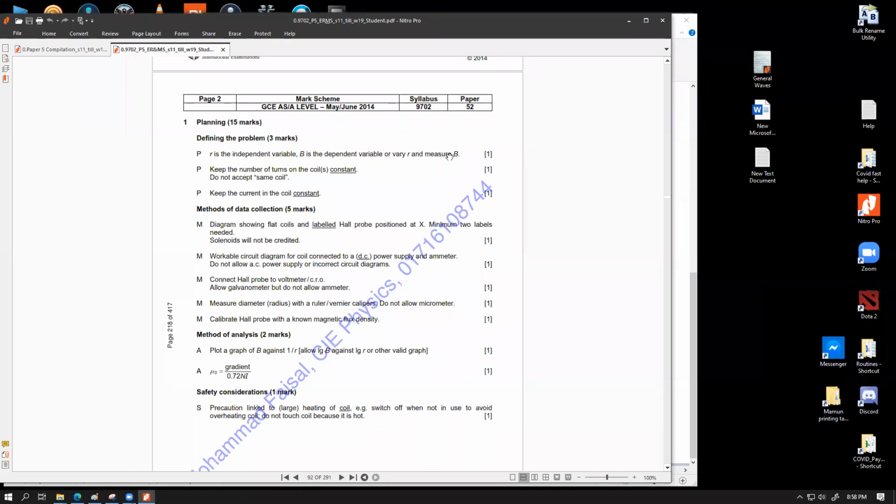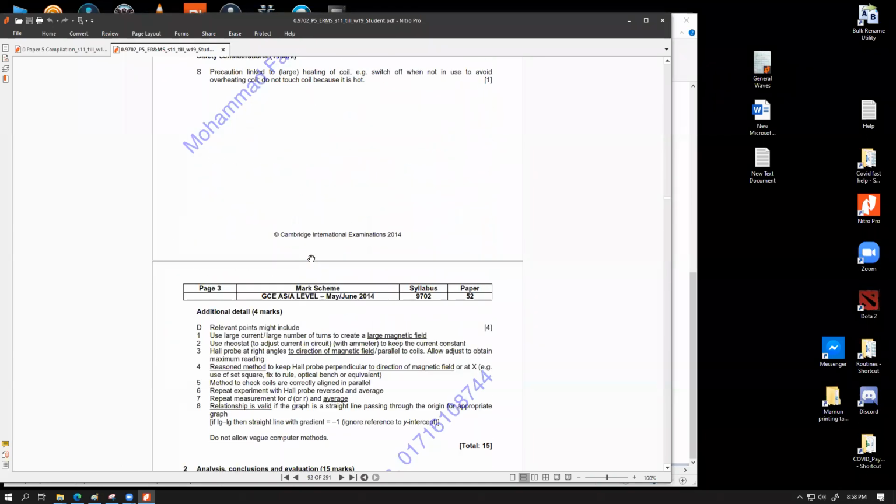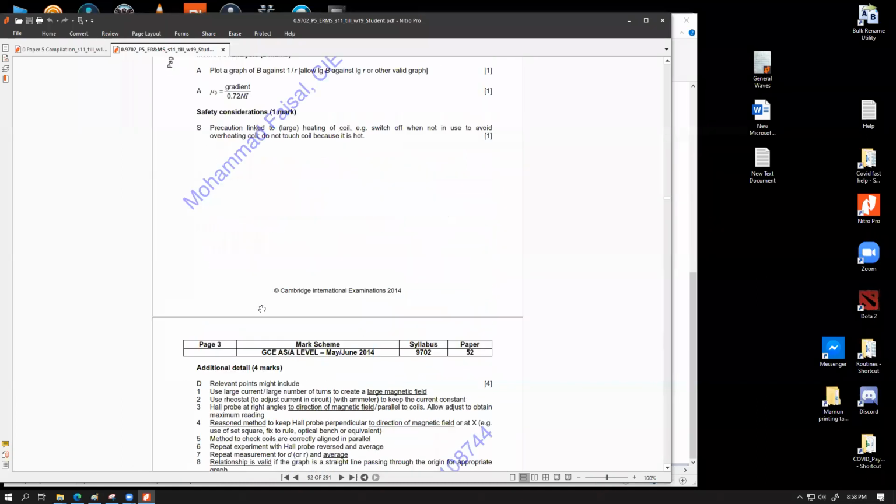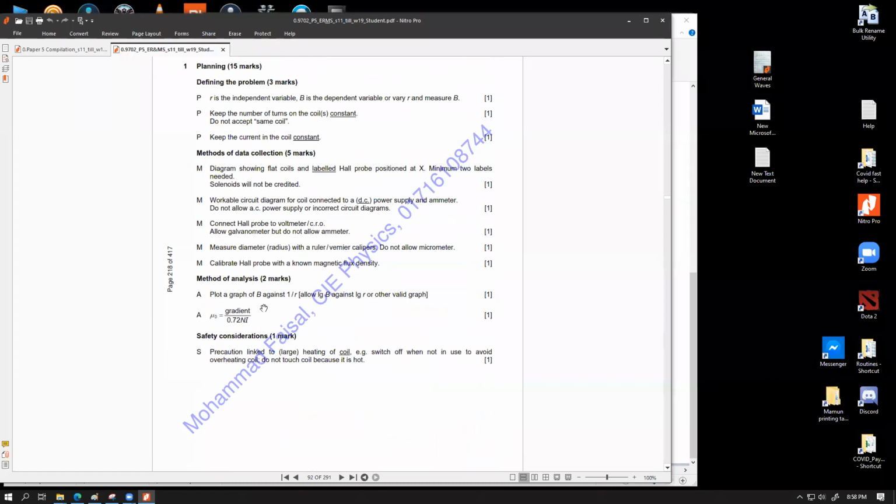Sir, yes. Connect Hall probe to voltmeter. Why is this here? Methods of data collection. Number 3, the third one.